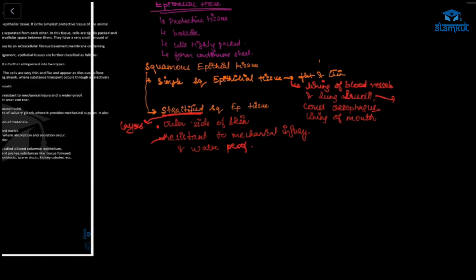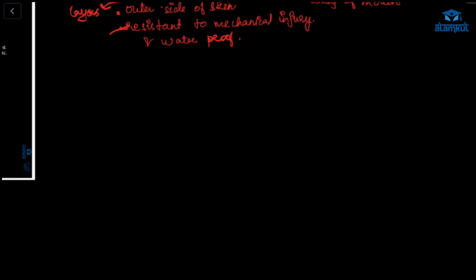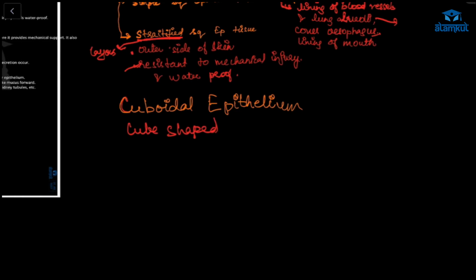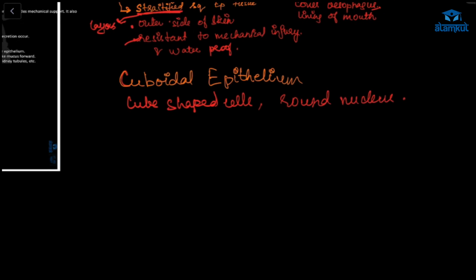Yes, ma'am. Next, we have the cuboidal. You can say from the name itself, right? Cuboidal, cube-like cells. So here, cube-shaped cells, and they have a round nucleus. And where are they present? They are present in kidney tubules and ducts of salivary gland.